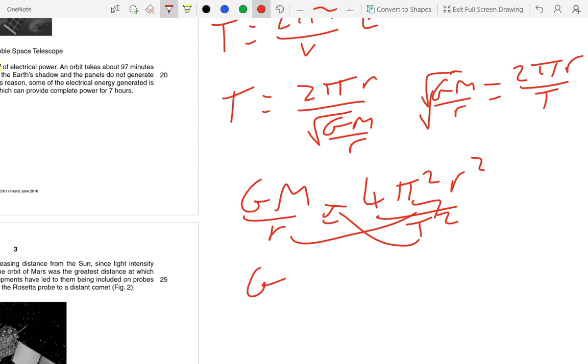So we've got GM T squared over 4 pi squared equals r cubed, and then you've got a lovely equation for r.